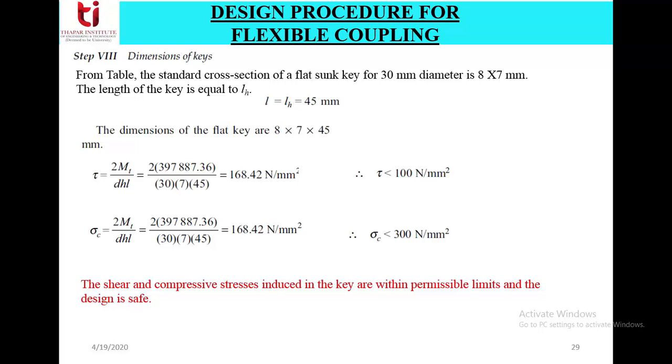Further we went for the design of pins, where we choose the diameter and then check according to shear strength as well as bending strength. Then we also determine the dimension of the bush. At last we determine the dimension of the keys. These are the basic steps which we must follow as far as the design of flexible coupling is concerned. Thank you.